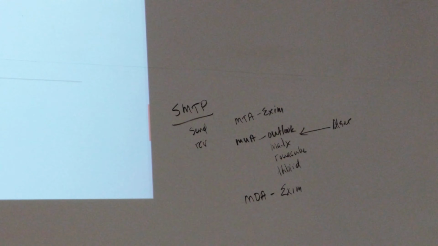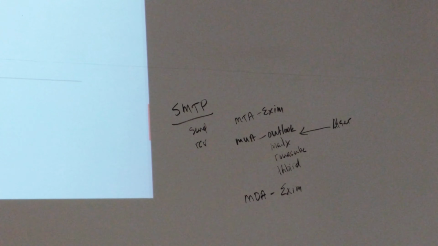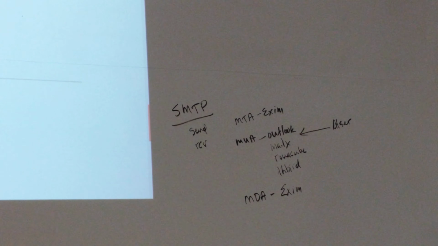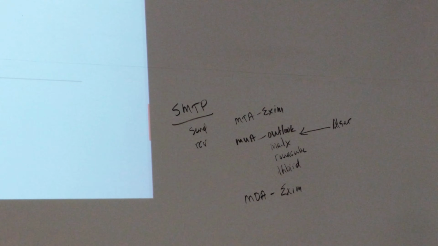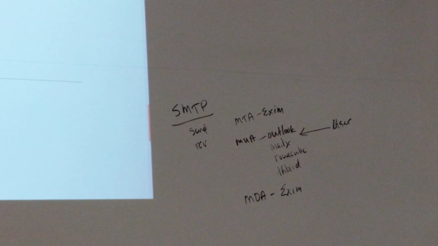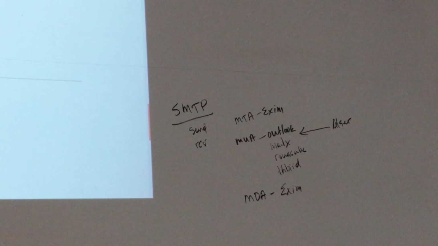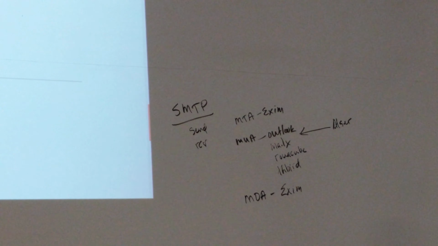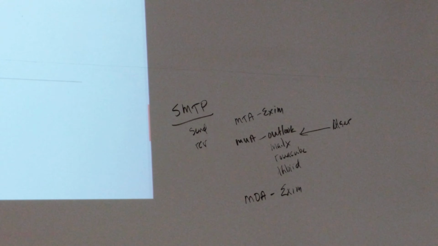So we kind of broke it apart just in our slides to say that the functionality of MTA is in charge of sending messages from one MTA to the other, whereas the MDA is in charge of, once I receive that message, putting it in the user's mailbox. Exim takes care of both of those pieces for us. But functionally, they do separate things.